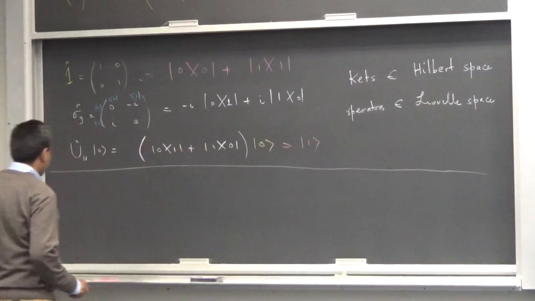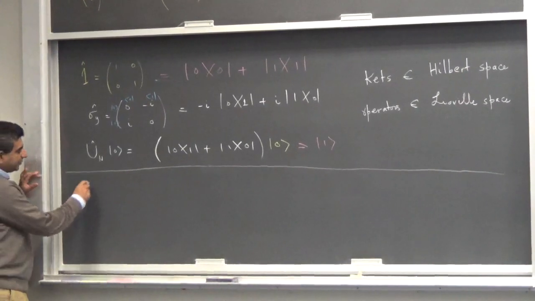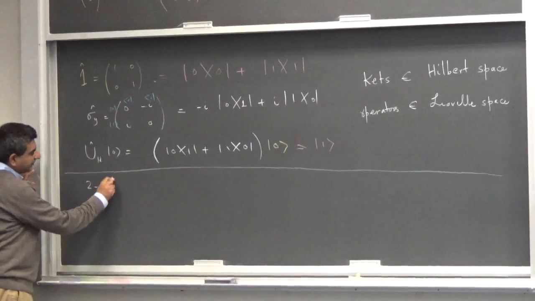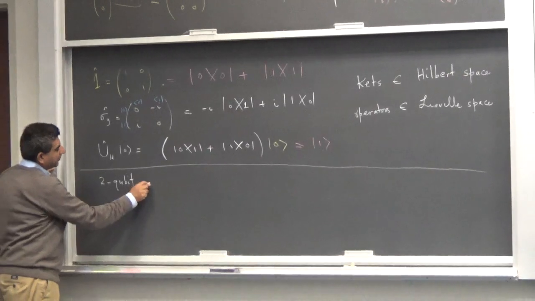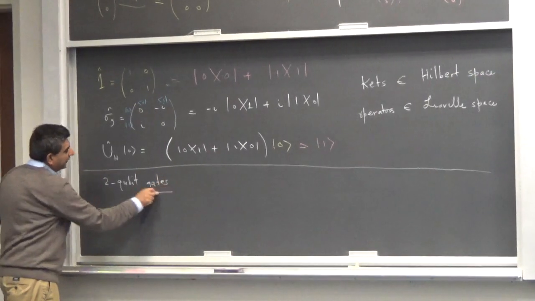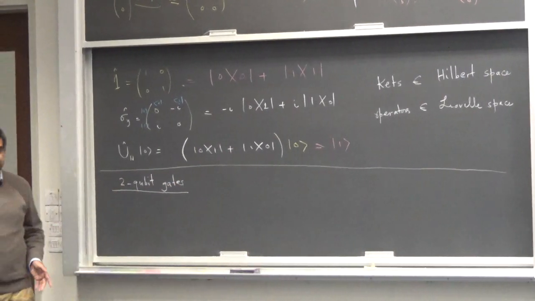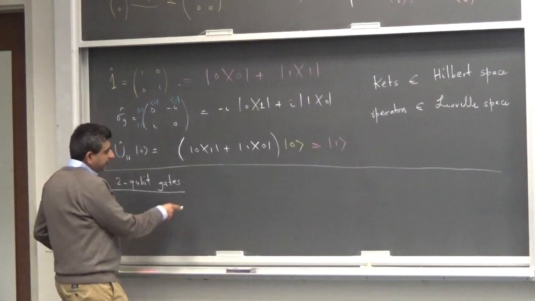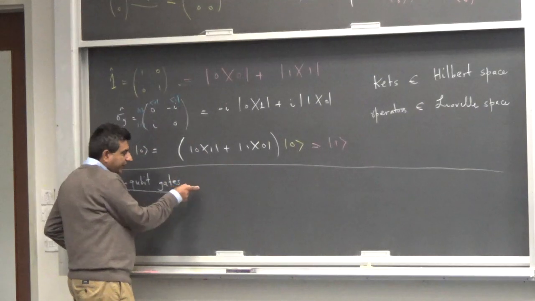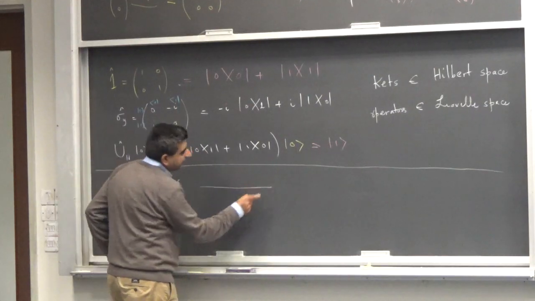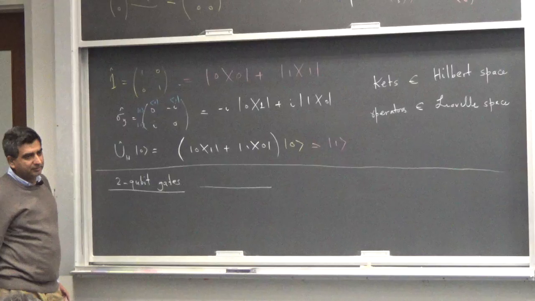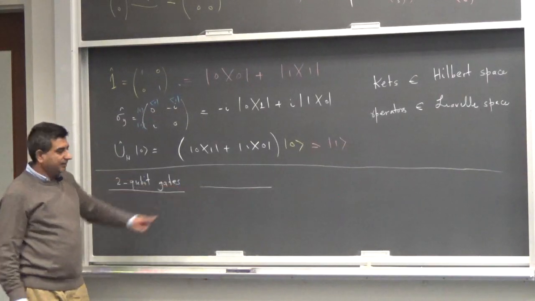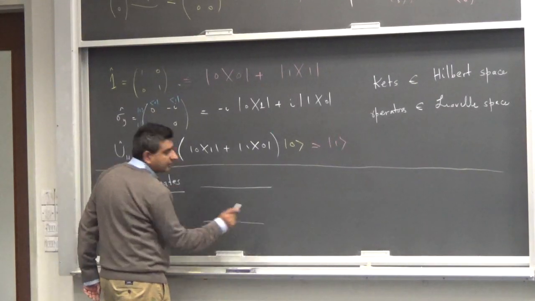Suppose I define a gate which is a 2-qubit gate. Now this is the first time I'm starting to look at 2 qubits. 2 qubits makes the quantum mechanics really interesting. Suppose I have a strange kind of gate, which means that I'm going to use a circuit model. So one line represents what's happening to one qubit. So this is the first qubit, and here I have the second qubit.